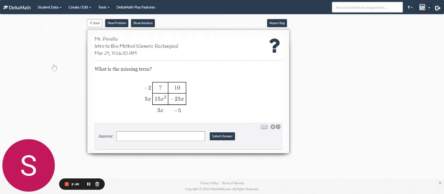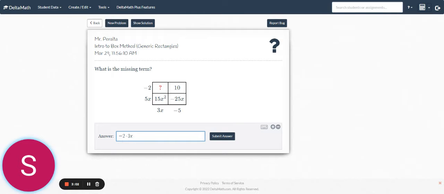Now, in this one, all you're doing is filling in this box here. So what is the missing term? Notice here I have a negative 2 times 3x, because this side is negative 2, and this side right here is 3x. So I'm going to multiply those together. So I really have negative 2 times 3x.